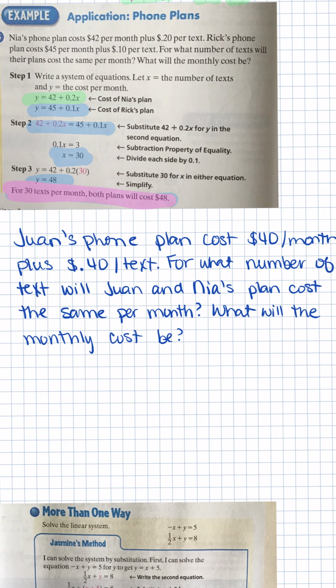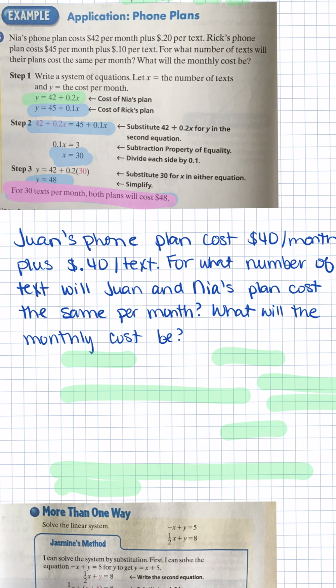Okay, so I got that for 10 texts per month, both plans cost $44. I first made each of these equal to each other, solved for x, got x equals 10, and then I verified by plugging x into both equations and got that they both equaled 44.